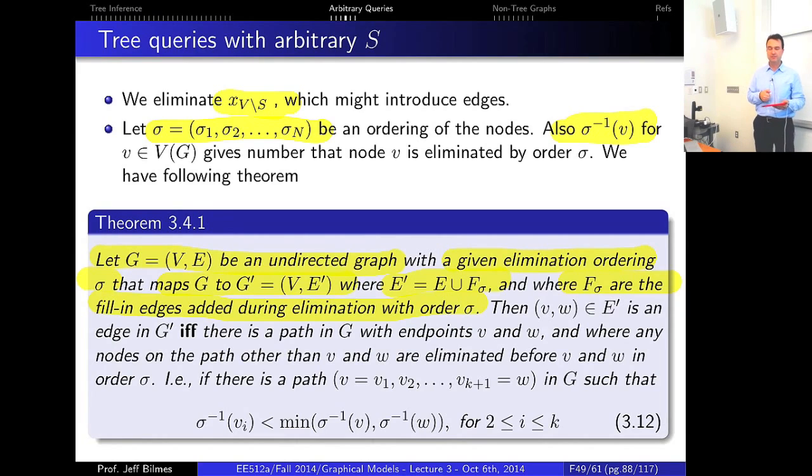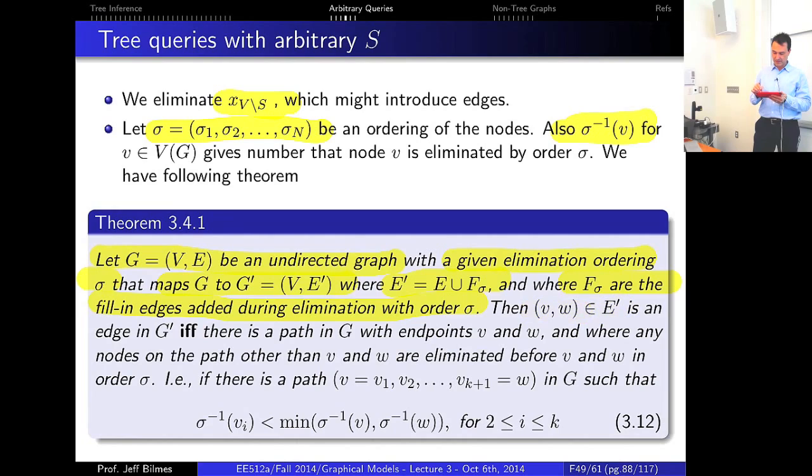Everybody with me? Okay. Now, what this theorem states is the following. It says VW, which is a pair of nodes, right? An edge is basically a pair of nodes. So we're saying that this pair of nodes is an edge in the reconstituted graph if and only if the following.